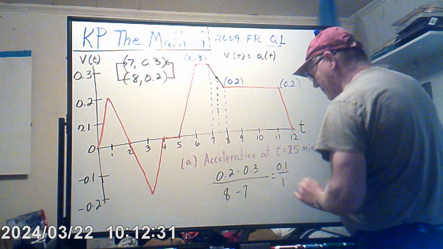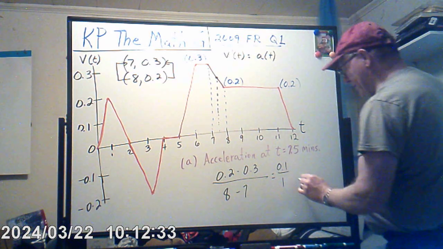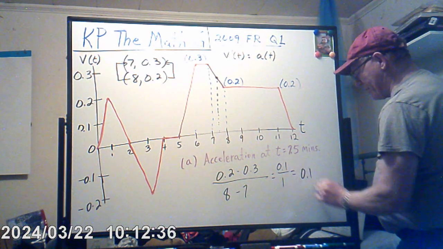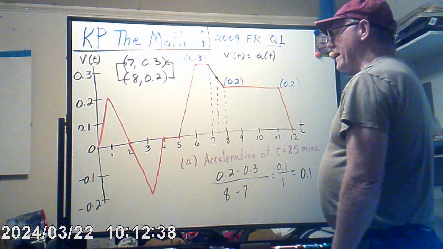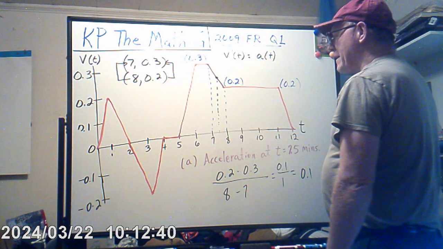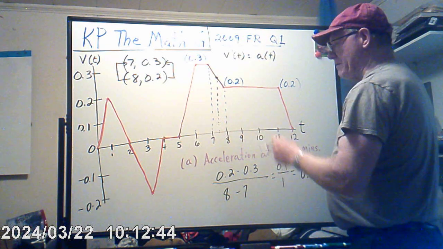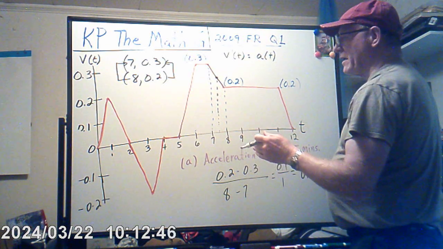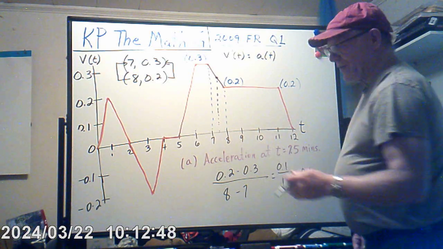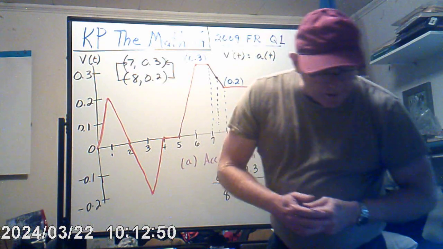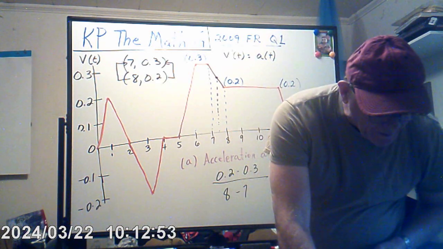We know that's 0.1. And of course, we have to get the correct unit. If the units for velocity is minutes, now let's see, I'm trying to think how far that is. Miles, I think it is.